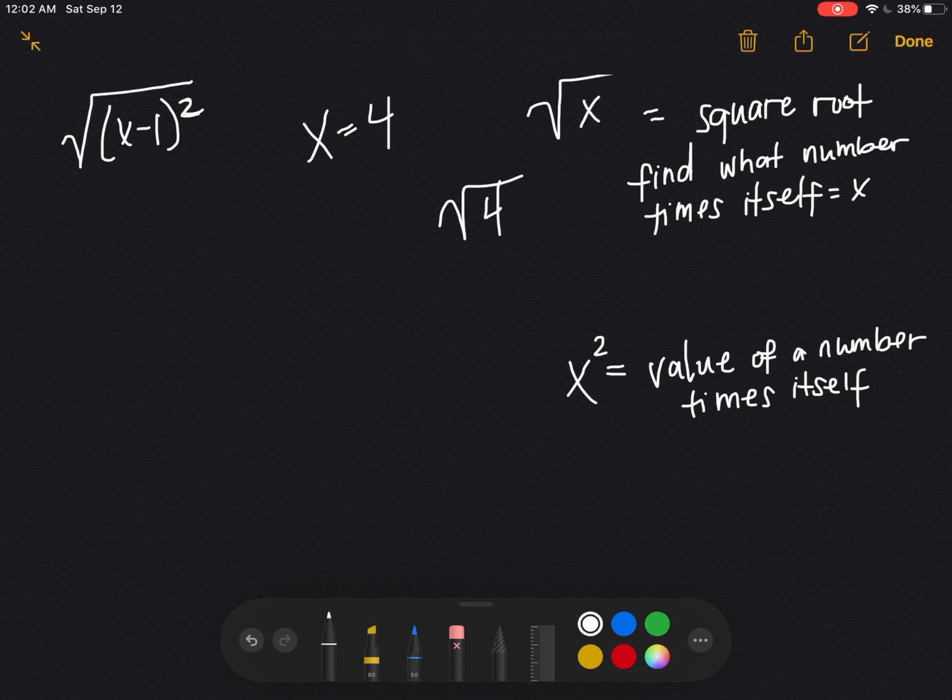So if I put in 4 for x in this equation, I have to go back and say find the number, what number times itself equals 4. So I'll say, okay, well, 2 times 2 equals 4, so that I know that the square root of 4 equals 2.